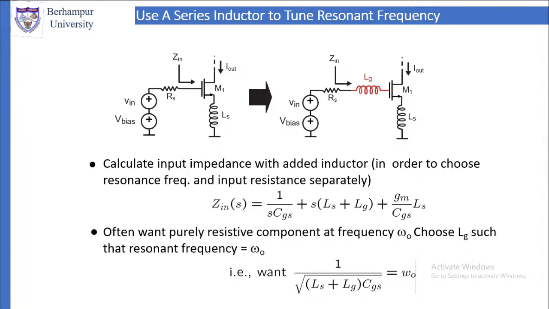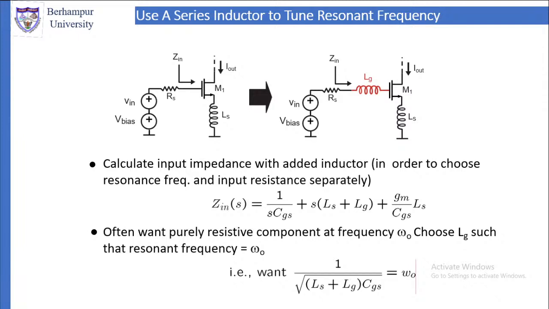The red one is the added part. Now calculate the input impedance with the added inductor. The impedance will be the same as the previous case, only we add a term S into Lg. So S into LS now becomes S into LS plus Lg.